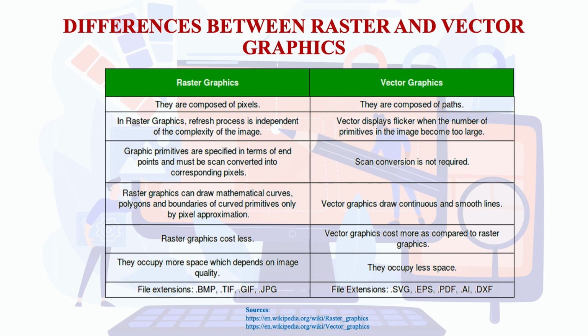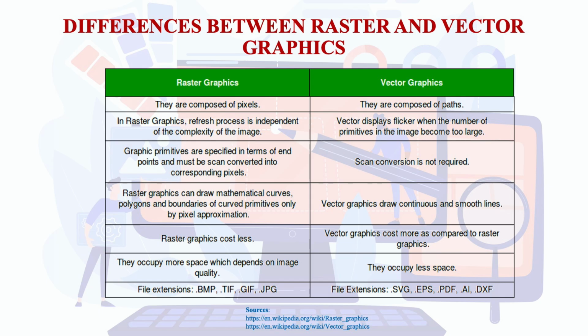What are the file extensions mostly used for raster graphics? Examples are .bmp, .tif, .gif, .jpeg, whereas vector graphics examples are .svg, .eps, .pdf and .dxf. Raster graphics cost is very low, whereas vector graphics cost more as compared to raster graphics.